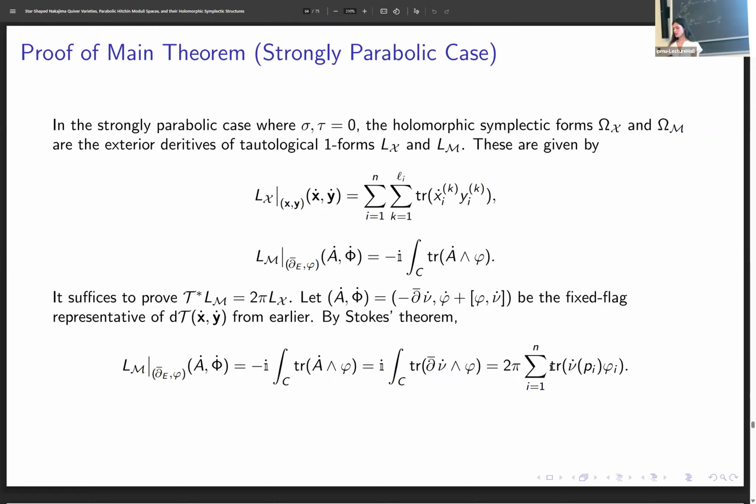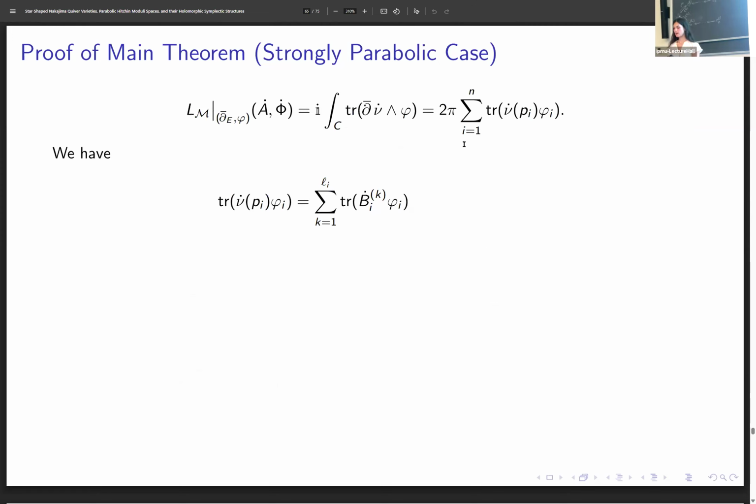So my goal now is to show that the trace of that product is equal to the sum of these traces. You see there's a single sum here, but a double sum here. So I need to introduce that additional sum. But I have an explicit formula for nu dot of p. So I plug that in, and I introduce this sum in terms of k, the b's.